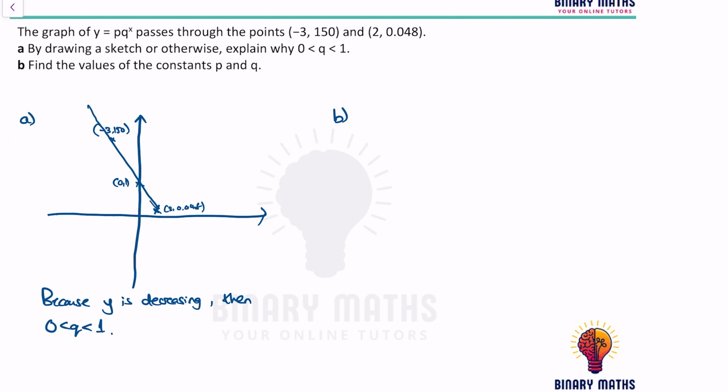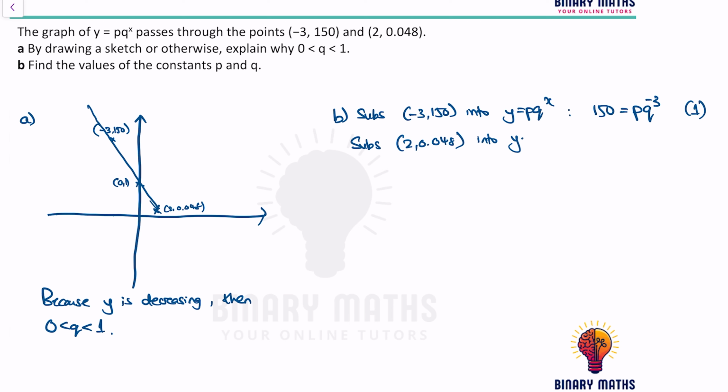The first thing I need to do is substitute (-3, 150) into y = pq^x, which means I get 150 = pq^(-3). That's my equation 1. I also need to substitute 0.048 into this equation, so I end up getting 0.048 = pq^2.